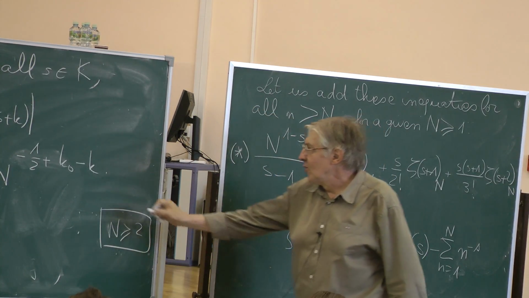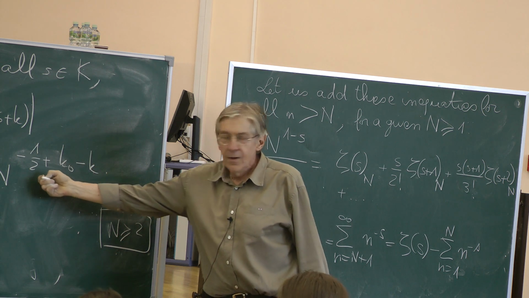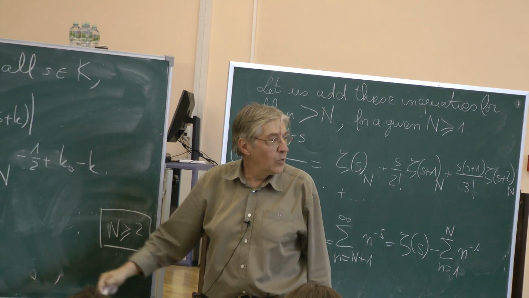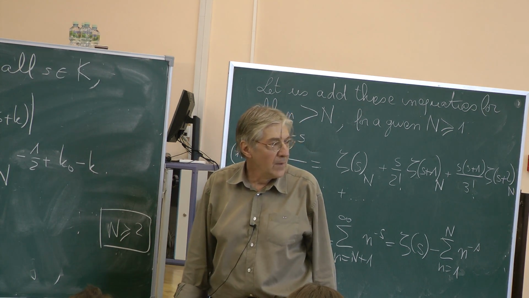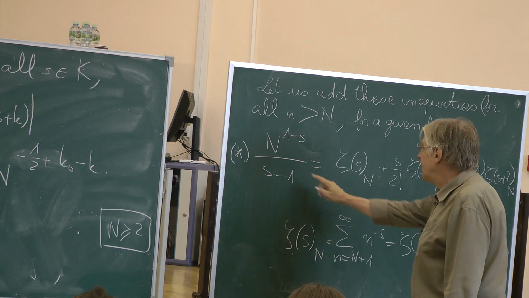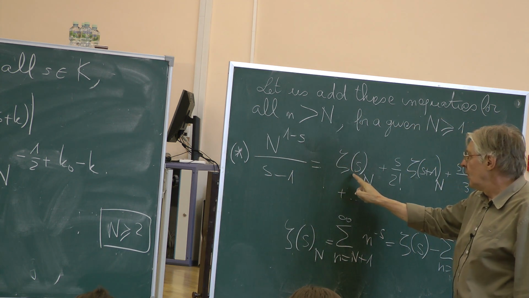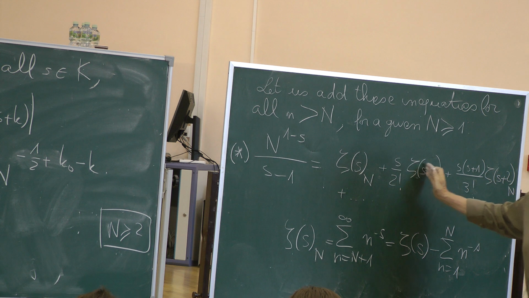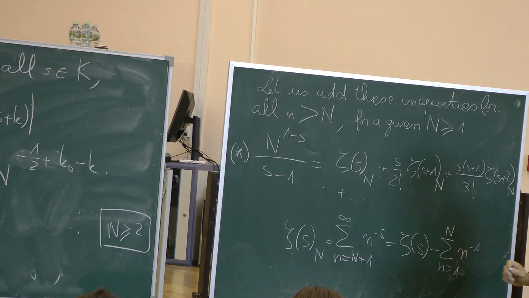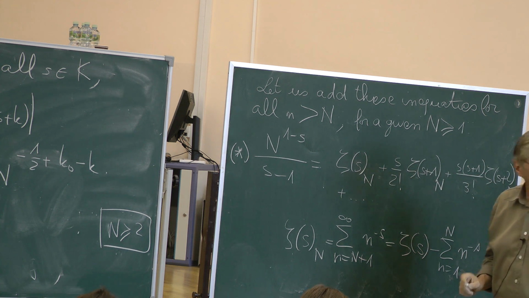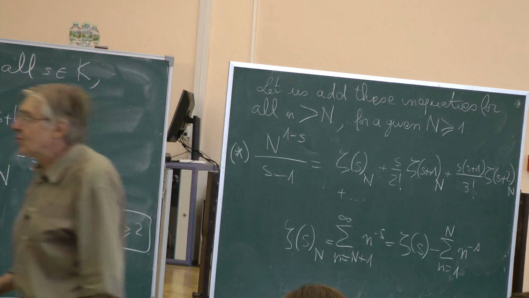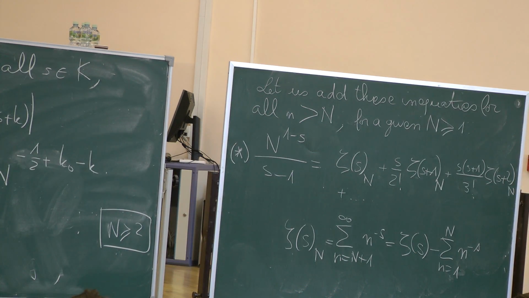And of course, when n grows, these bounds are going to 0 when n is going to infinity. So it means that if I take the difference between this term and this term, all the remaining terms will go to 0 when n goes to infinity. So this is exactly the conclusion which I will prove.